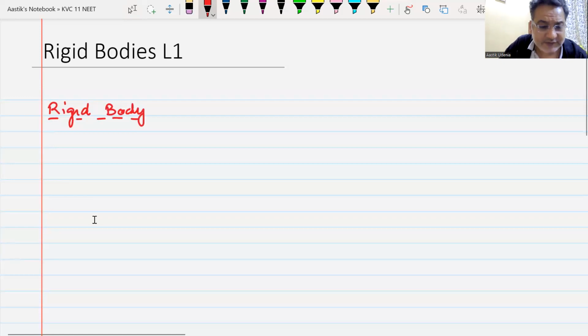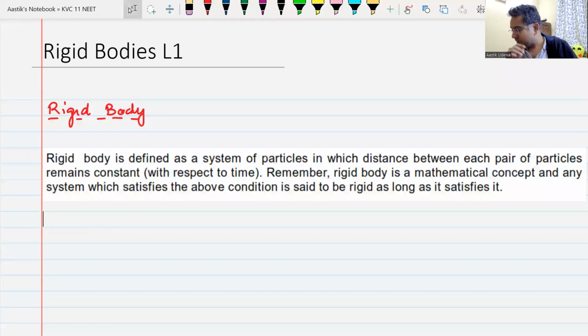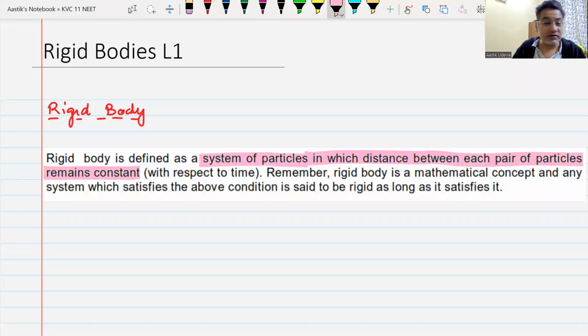So, in very simple terms, a rigid body is nothing but a collection of particles. There can be almost infinite number of particles in which the distance between any two particles remains constant.